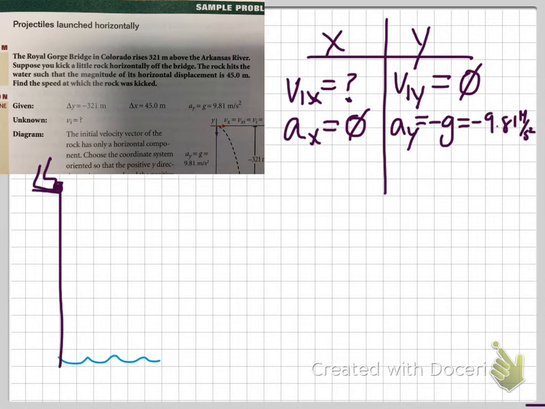Do we know displacement on either axis? Yeah. So if we trace this object's path, we're told that delta x is equal to 45 meters.